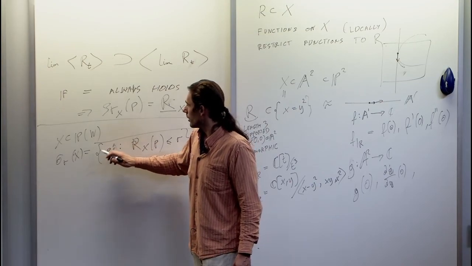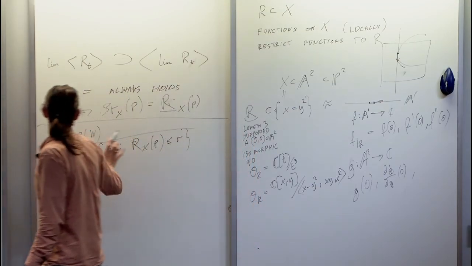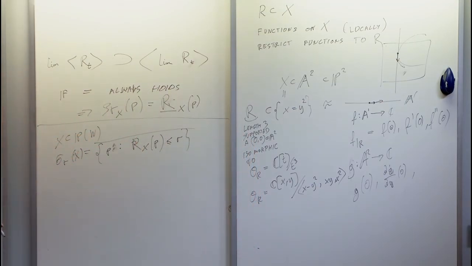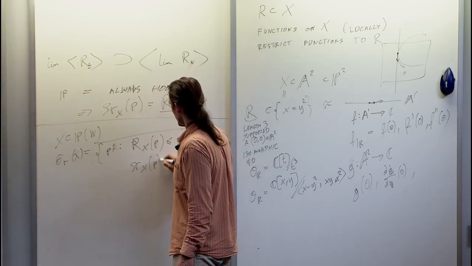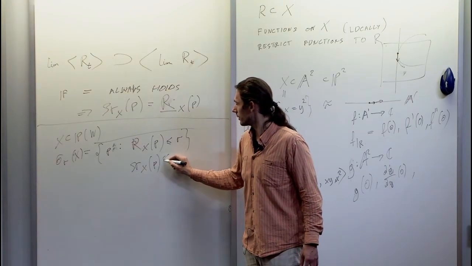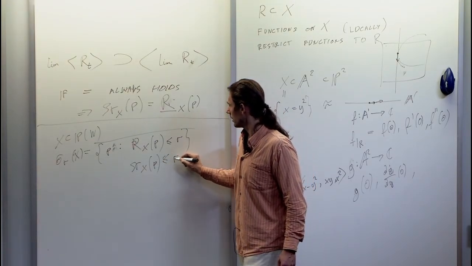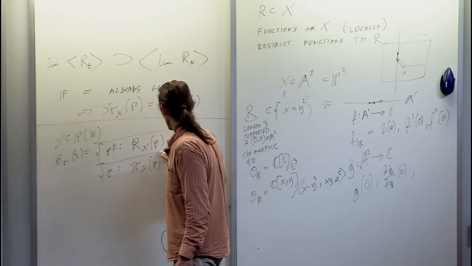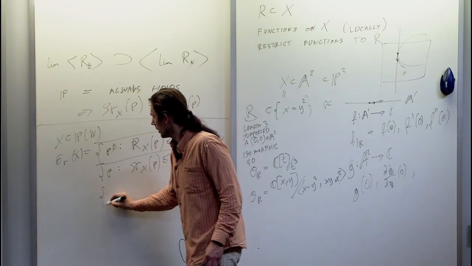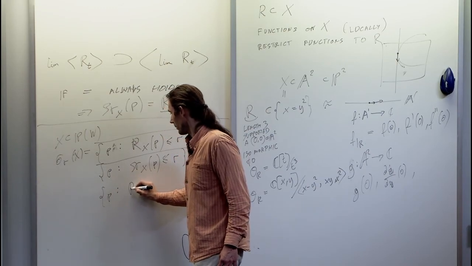Or you can just say this is the set of points where the border rank is at most R, or you can replace the rank by smoothable rank. All these definitions will give you the same thing. You still need to take the closure, or if you don't want the closure, you just have to use the border rank.